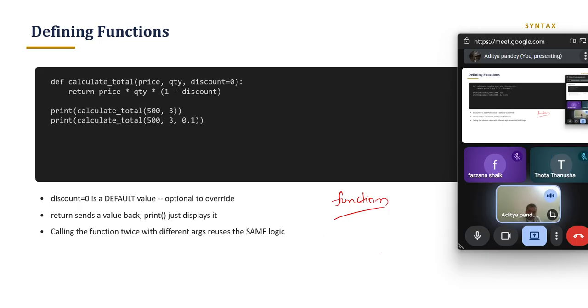Anything else? Why we need functions? It makes our code easy to read and understand. It makes your code readable. I will show you an example of how it makes your code readable.